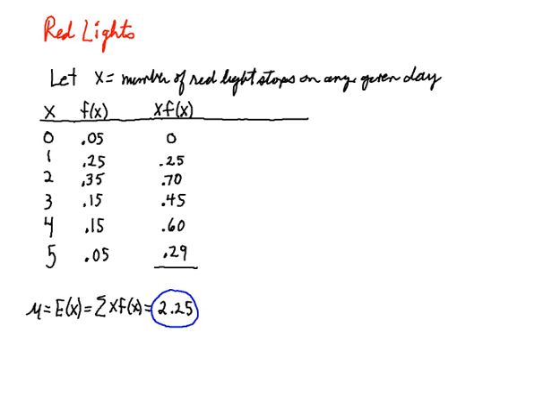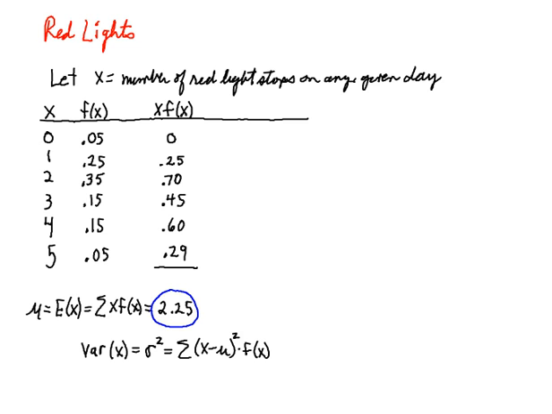So my formula for variance, the variance of the random variable x, which is, I'm going to use sigma, the population variance, and that is the sum of the square differences, the difference between the random variable's values and the average that I just calculated, squared, and each of those times the probabilities. And that's going to give me the variance.